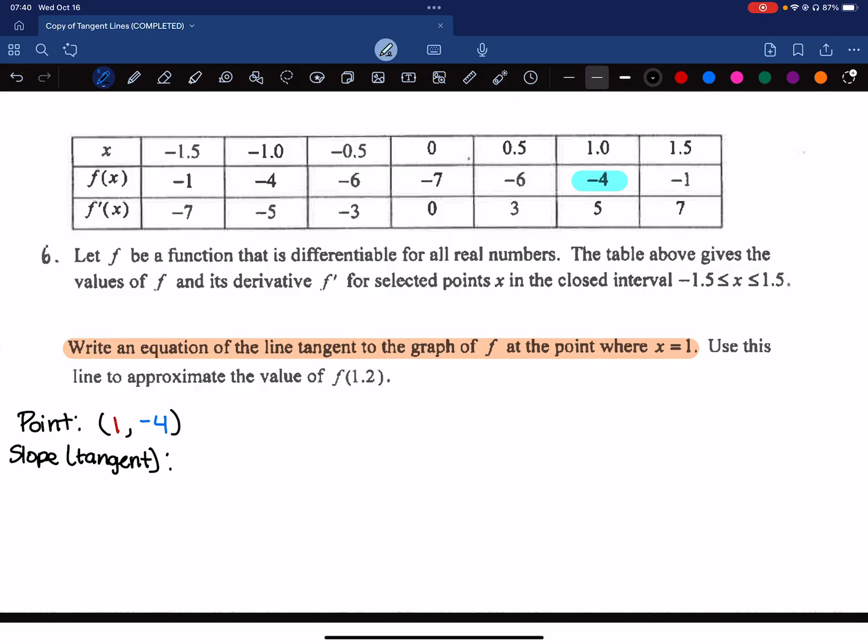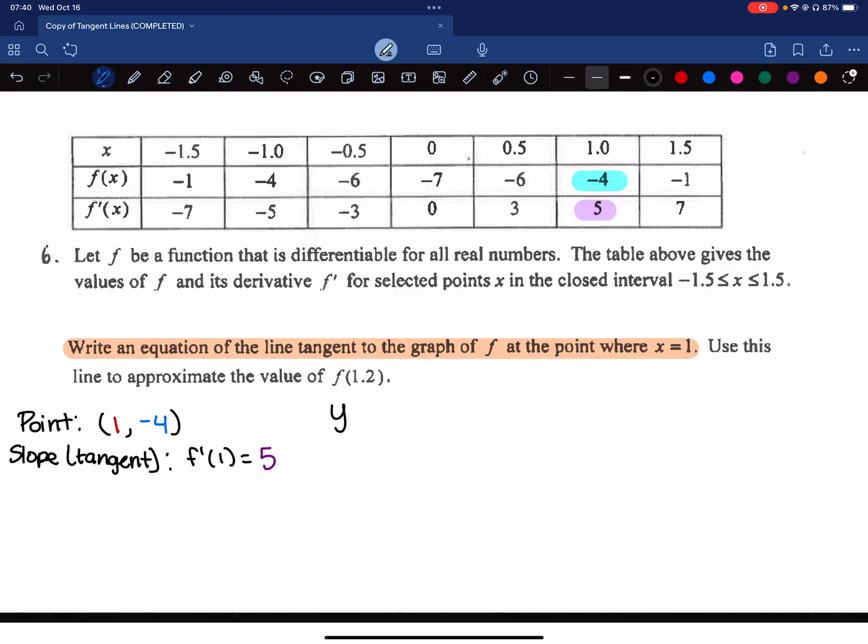Then we need the slope of the tangent line. So that's when our derivative is evaluated at 1, so that would be f prime of 1. F prime of 1 is 5. So now we can write this equation of the tangent line.